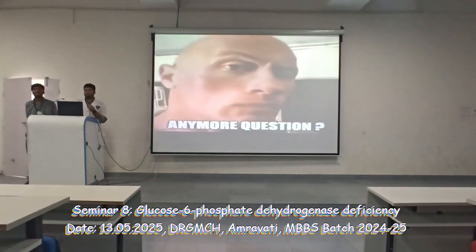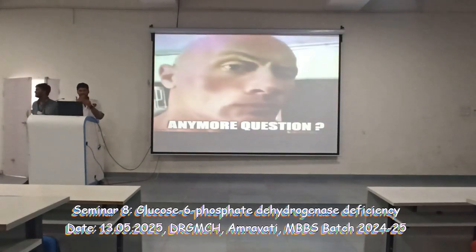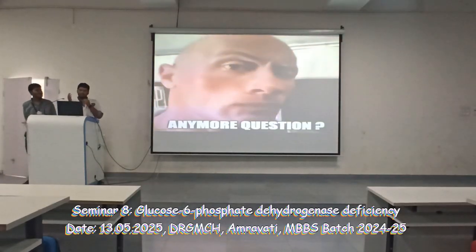What is its effect in the hepatocytes? If there is an improper ratio, then what happens in the hepatocytes? So as glucose-6-phosphate dehydrogenase is required in all cells of the human body, hepatocytes also require that.